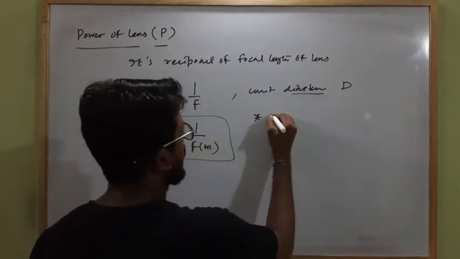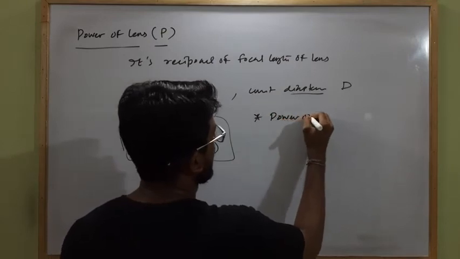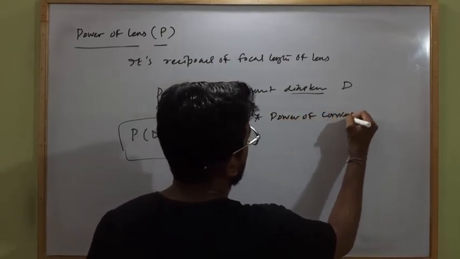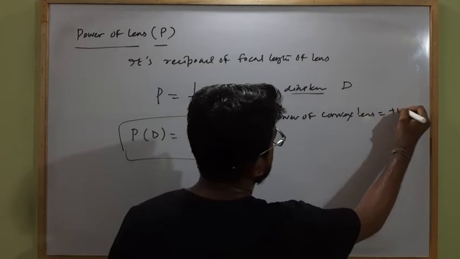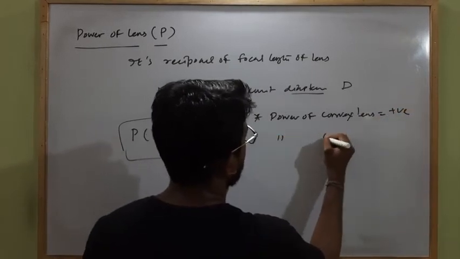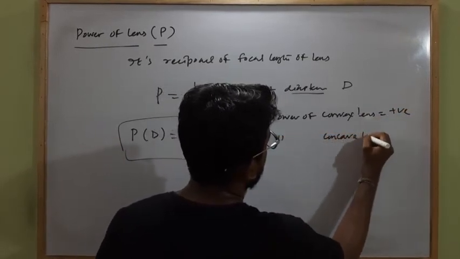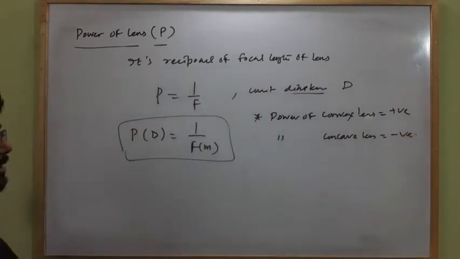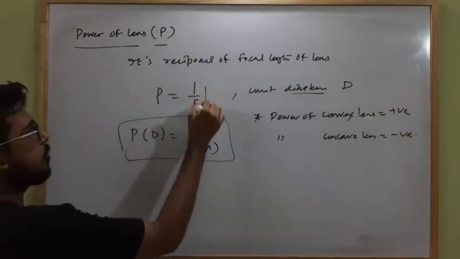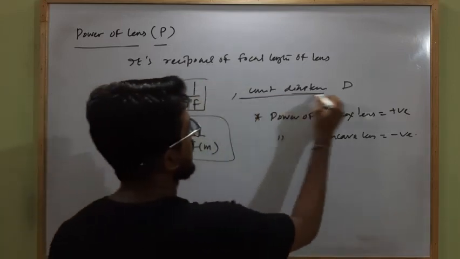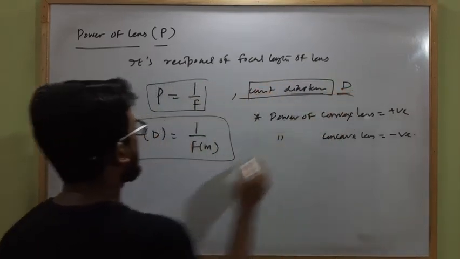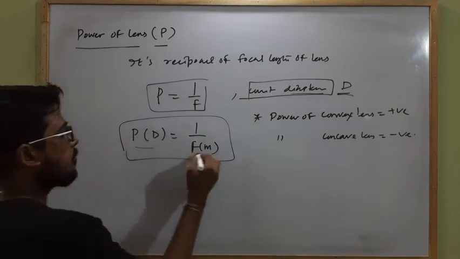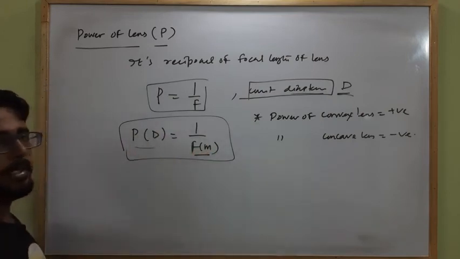So you have to remember power of convex lens is positive and power of concave lens is negative. Clear? And what is power? Power equals 1 by F, which is measured in diopter, denoted by D, and if power is measured in diopter, focal length should be measured in meter.